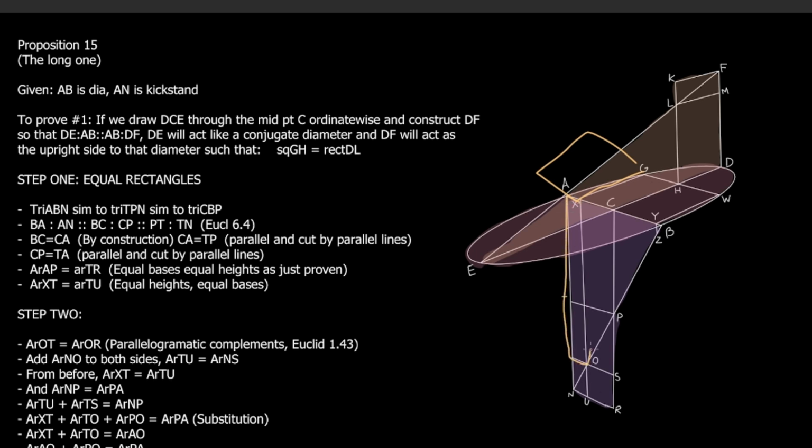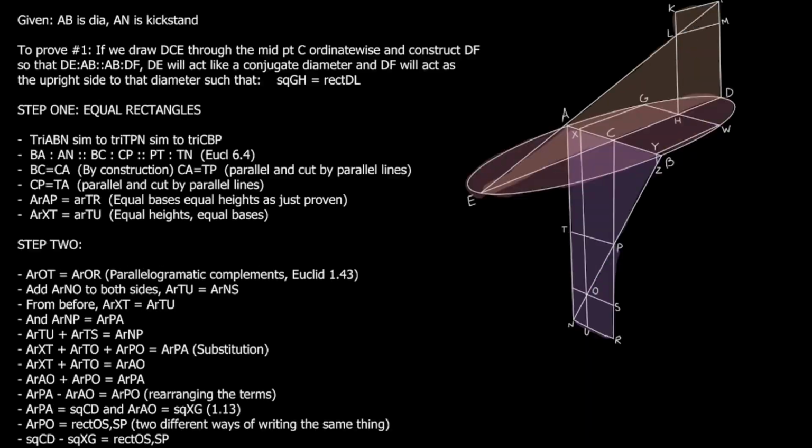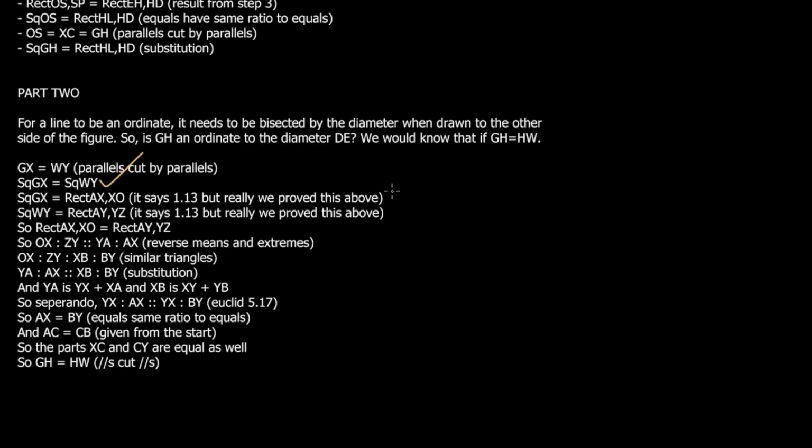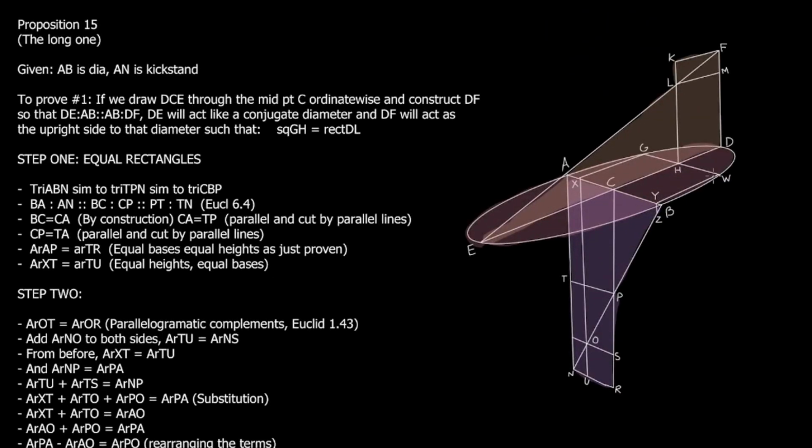I think I said below, like in a note, that we proved this above, but no, it is from 113. I think I was confused at the time that I was writing that about what diameter was what. But that's the square on the ordinate, the rectangle on the diameter with a kickstand. So that's true. Same thing for WY, it's just that WY is over here.